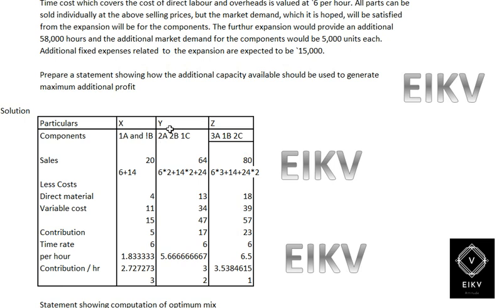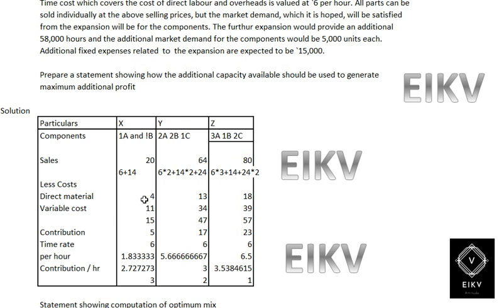So going ahead with the solution, particulars X, Y and Z. The components will be for X 1A and 1B, for Y 2A, 2B and 1C, for Z 3A, 1B and 2C. Sales will be 6 plus 14 for X, for Y 6 into 2 plus 14 into 2 plus 24, and the same way for Z 6 into 3, plus 14, plus 24 into 2.